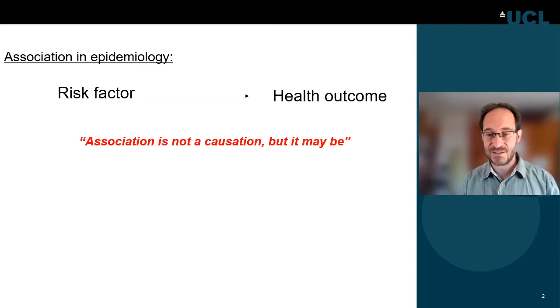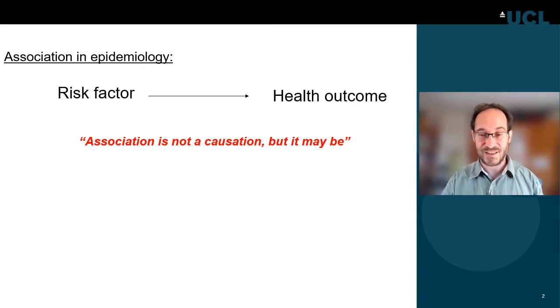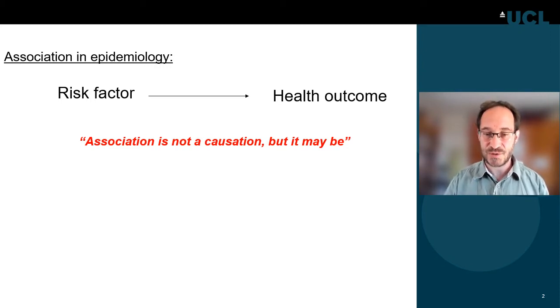So you may have seen this sentence before, which is, I think, one of the most important sentences in epidemiology: association is not causation, but it may be. And what this means is that when you do find an association between a risk factor and a health outcome, before you can begin to think about whether that association is perhaps causal, you need to exclude a number of so-called alternative explanations, which may also be responsible for the observed association and which may undermine your causal understanding.